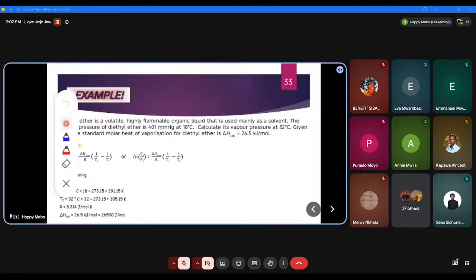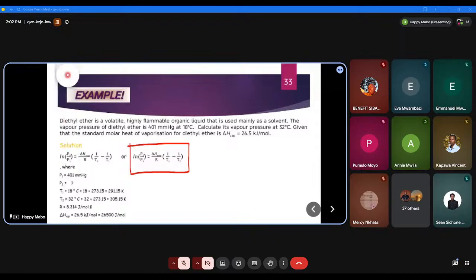Okay, so saying we don't want to have anything to do with anything else, we circle this one, and this is the one that we're going to focus on. From the information given, the initial partial pressure is 401 millimeter mercury. The second partial pressure is what we're going to have to find. The temperatures given should be converted into kelvins.